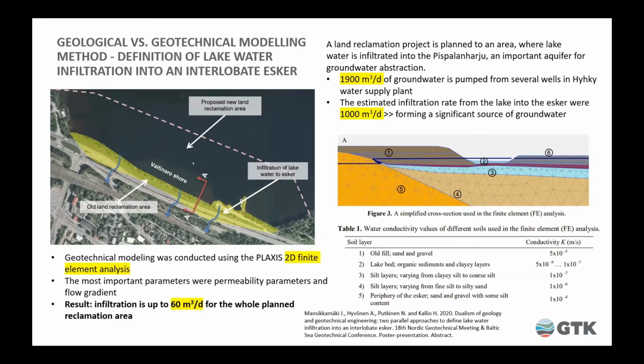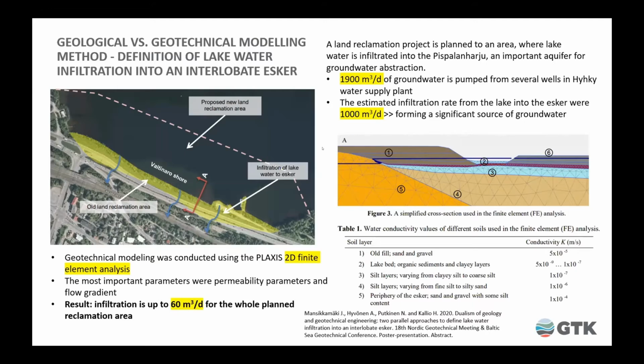And they were worried it will affect the aquifer we have in the esker area. And they wanted to know what is the infiltration rate of the water from the lake to the esker. And the first estimated idea was that the infiltration will be 1,000 cubic meters per day.